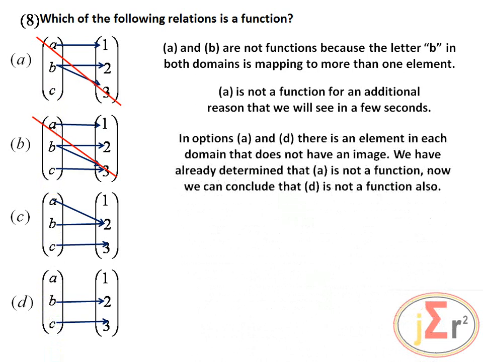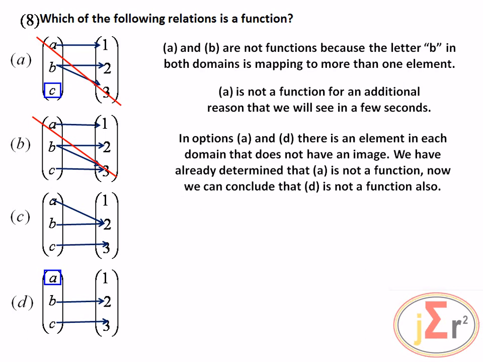In options A and D, there is an element in each domain that does not have an image. So C does not have an image and A does not have an image. Therefore, we are sure that A is not a function for more reasons than one.